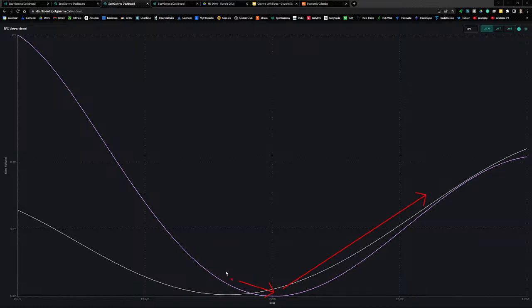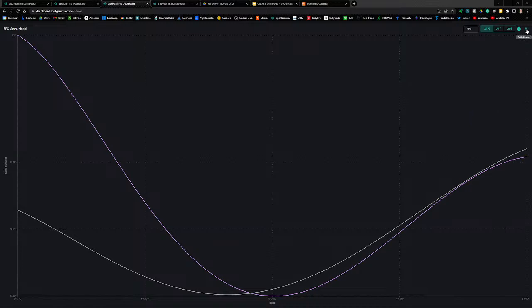And then on the other hand, if price decreases, market makers will need to sell futures. So just very minor tailwind if price increases up to a certain point, and then market makers will need to start selling futures. And then on the other hand, market makers will need to sell futures pretty aggressively as price drops.